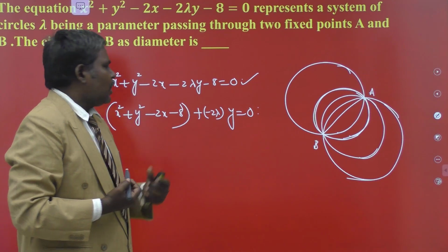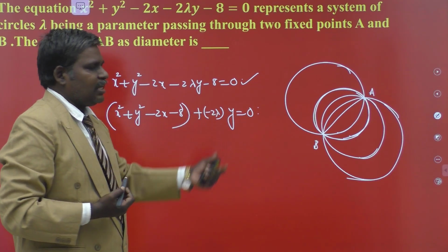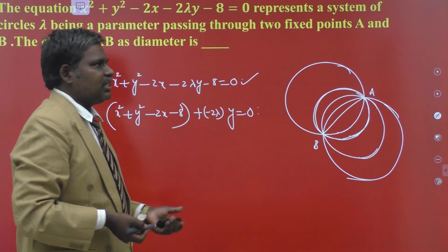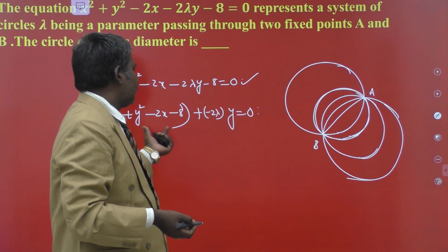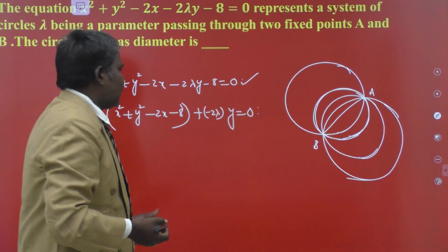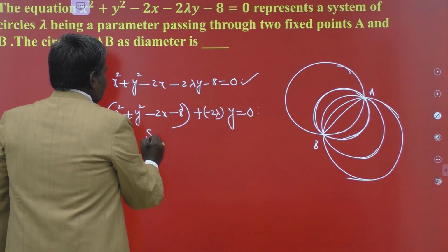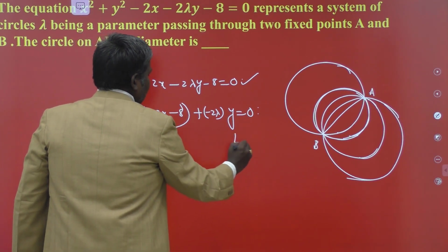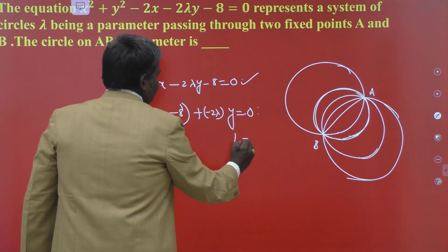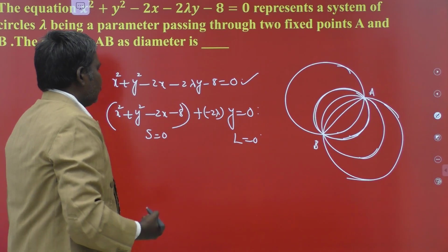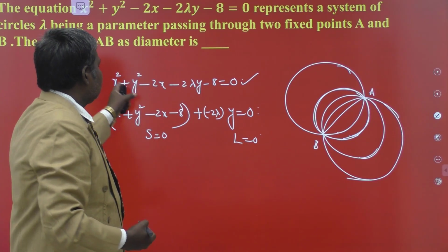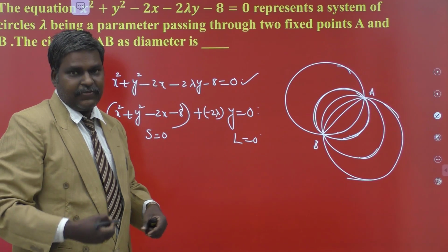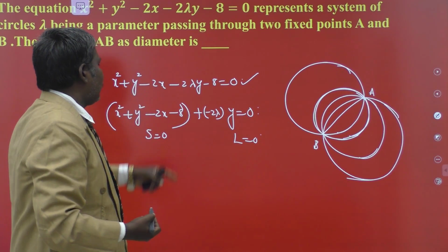Already we discussed it. S plus lambda L equal to 0 represents the system of circles passing through the points of intersection of circle S equal to 0 and line L equal to 0. So this is one of my circles S, this is the line L. For some lambda, this is my required equation.